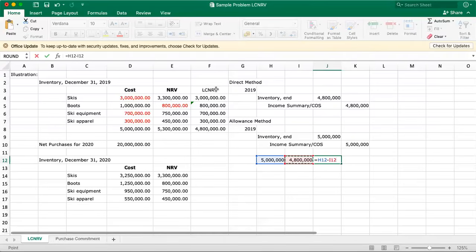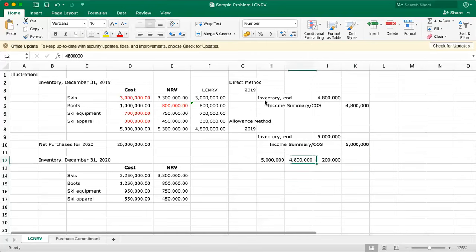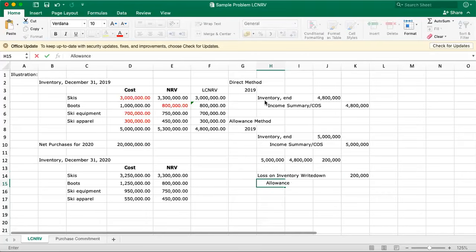Take note that we use the LCNRV, not the NRV. So we have 200,000 loss on inventory write-down. Again, under the allowance method, how do we account? We debit loss on inventory write-down 200,000, and credit allowance for inventory write-down 200,000.